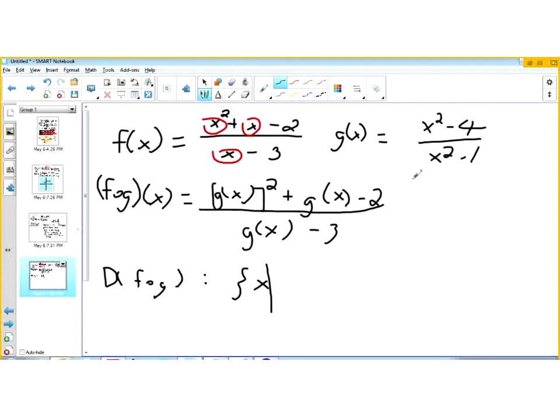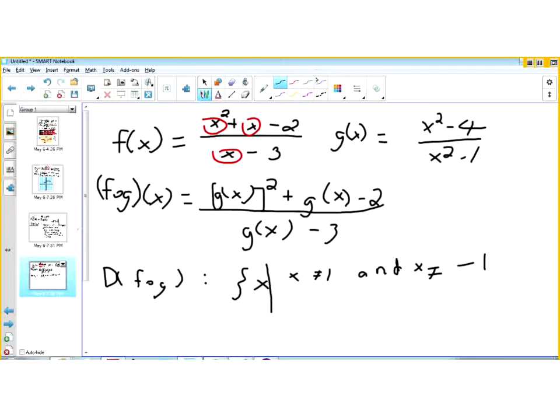Remember, in the composition, we have to exclude values of x that are not in the domain of g of x. So x can't be 1, and x can't be negative 1. So we have that as restrictions for the domain.